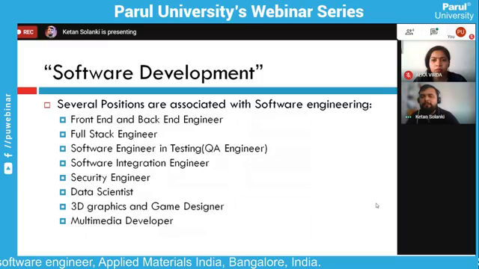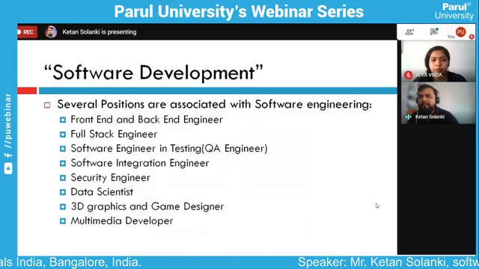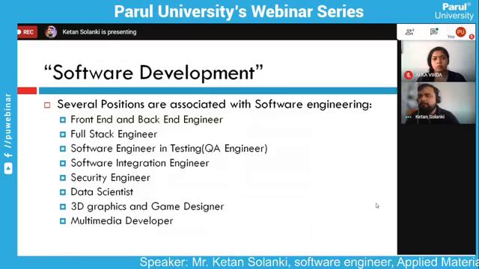Then we have some advanced roles: security engineer, data scientist, 3D graphics and game designer, then multimedia developer. All of these are at a more advanced level that we can choose as a career path. So these are a brief of the software development positions we can be a part of.